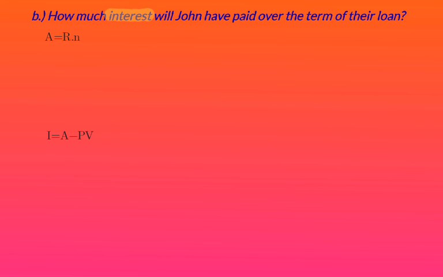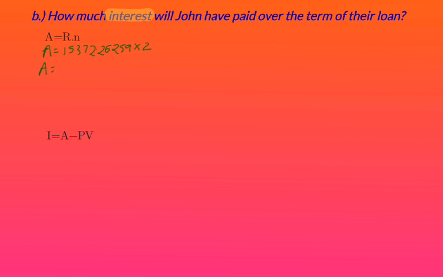Part B of the question says, how much interest will John have paid over the term of the loan? It uses the same formula as the previous one: A equals R times n. A is the total amount including the rate of interest. So A equals R that we just found, 15,372.26259, times 2.